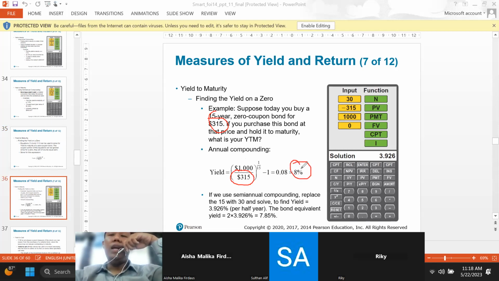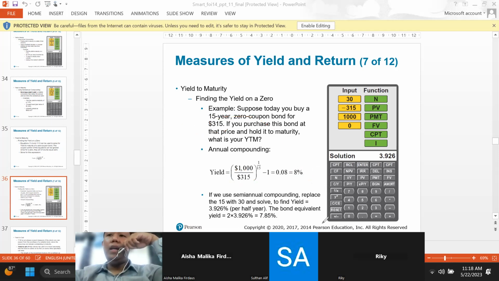This means that if we buy a zero coupon bond at the discount price of 315 US dollars and keep it until maturity, we will have a return of 8%.